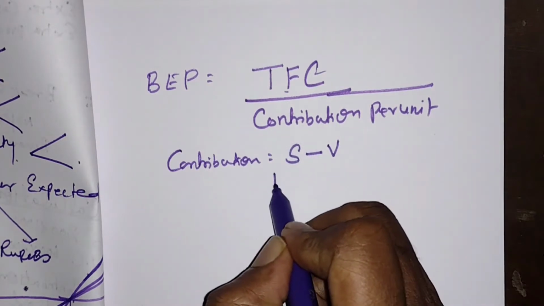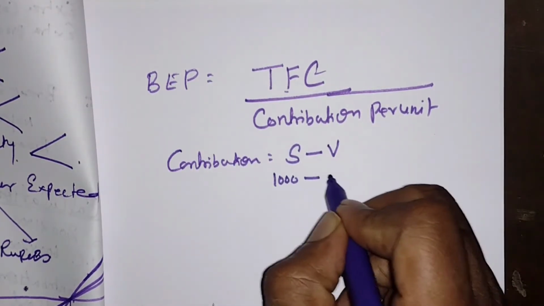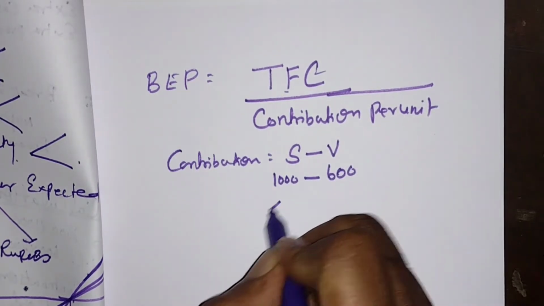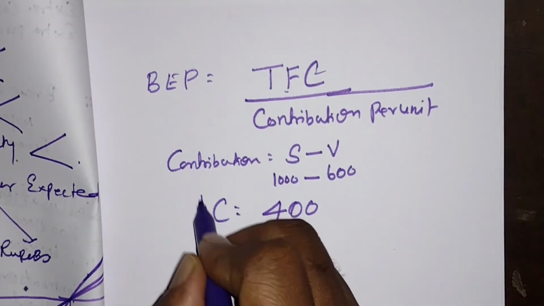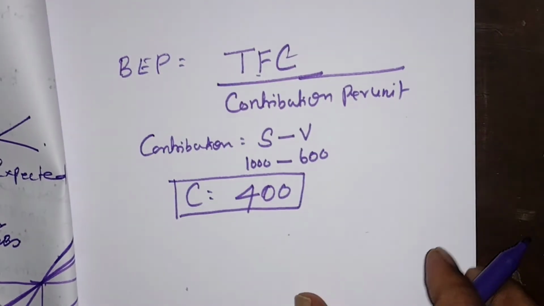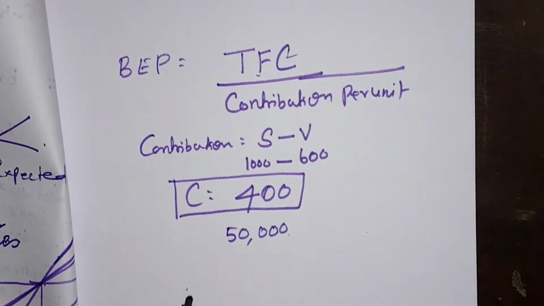My sales is 1000 rupees per unit and my variable cost is 600 per unit. 1000 minus 600 is 400. Contribution equals 400. Therefore, my fixed cost given in the question is 50,000.